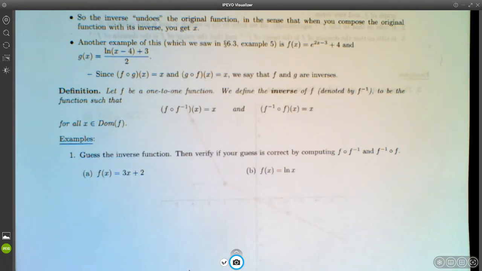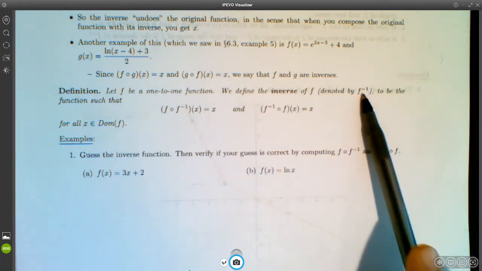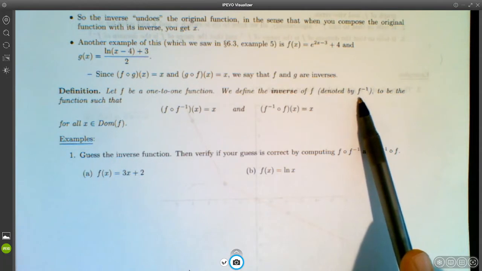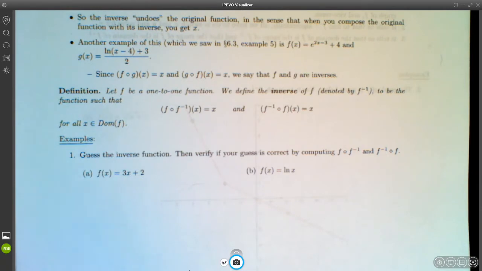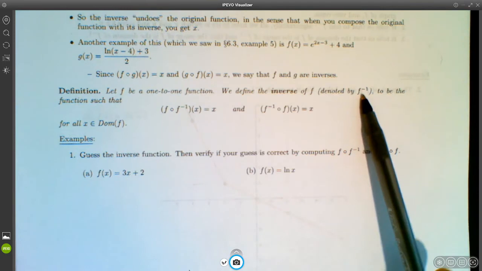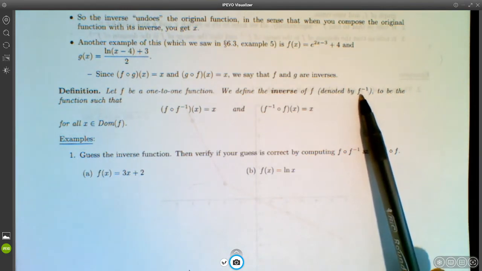So we're going to make that a definition now. Let f be a one-to-one function. We define the inverse of f, denoted by f with this little exponent of -1. This is not f to the -1. It's not the same thing as 1 over f. We read this f inverse. It's an unfortunate notation. I wish that there were a different notation for the inverse, because this makes it seem like you're saying 1 over f, which is not what you're saying.